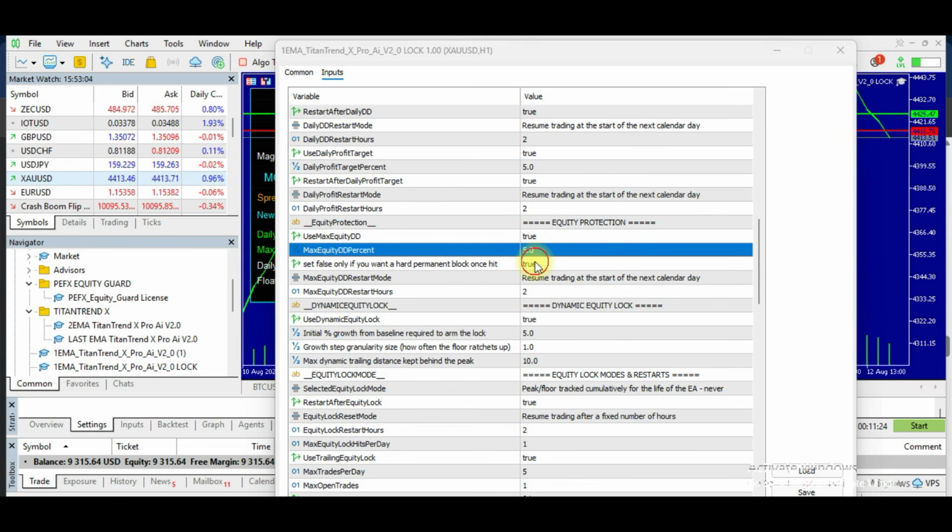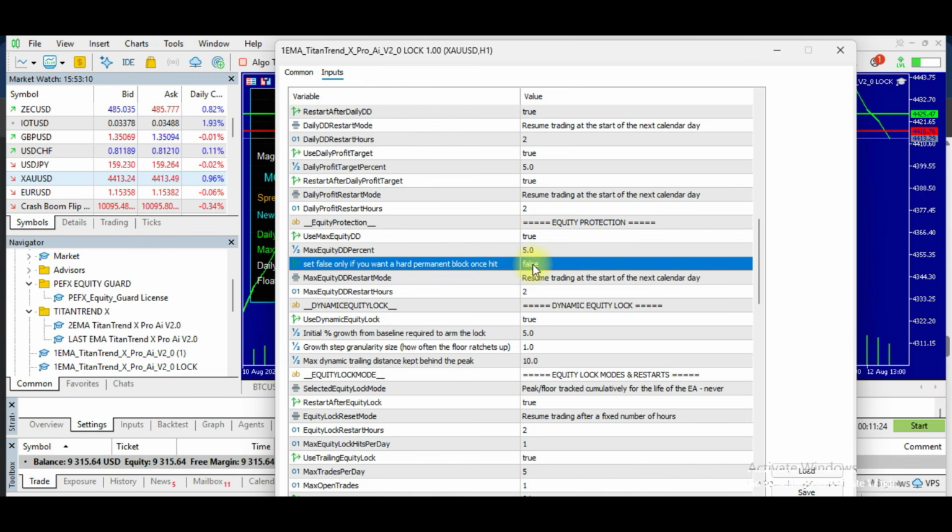If it is on false like this, you see now it's on false. Set on false only if you want a hard permanent block once it is hit. So if it is on false like this, that is one of the features.